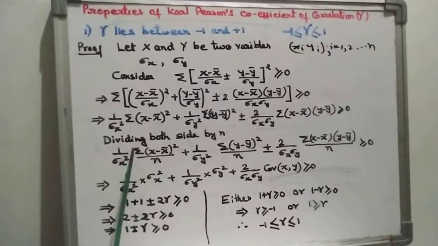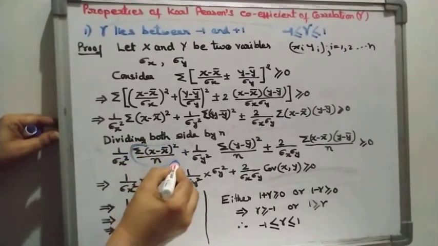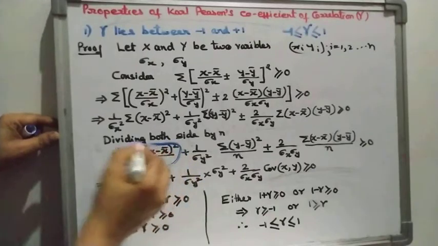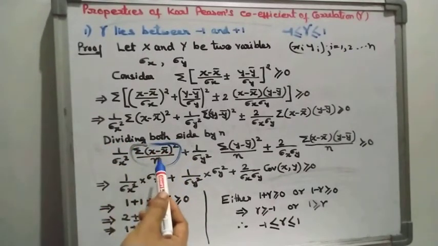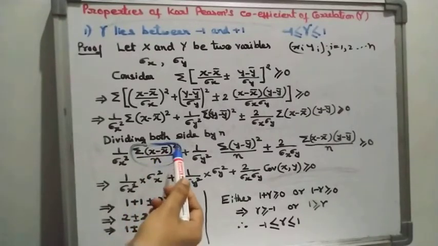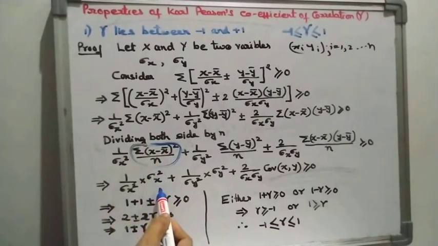Now look here, what is this formula? This is your sigma x formula. Sigma x is 1 by n summation of x minus x bar whole square, so in place of this we can write sigma x square, that means the variance formula.